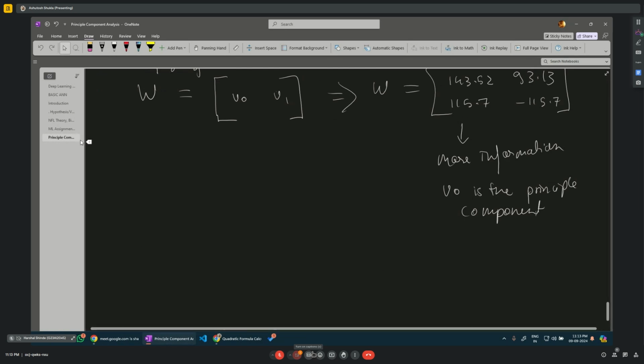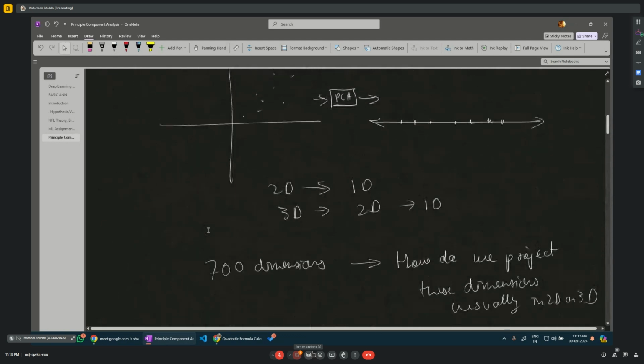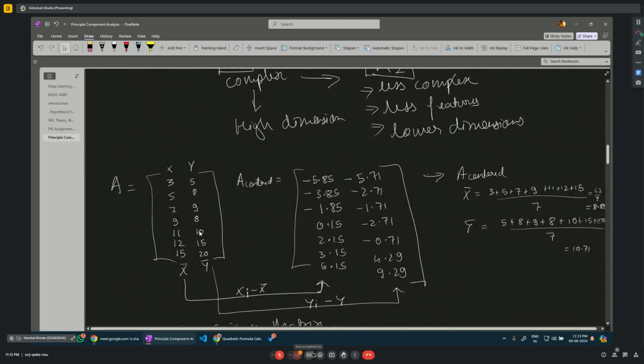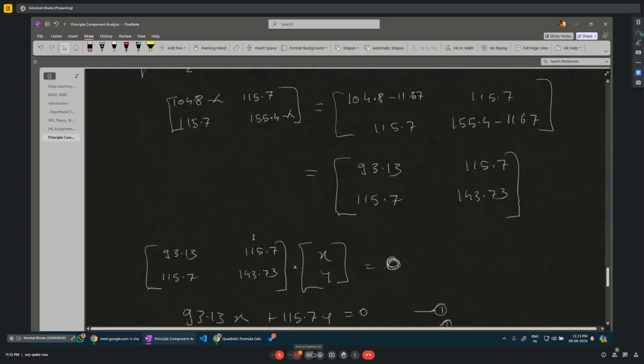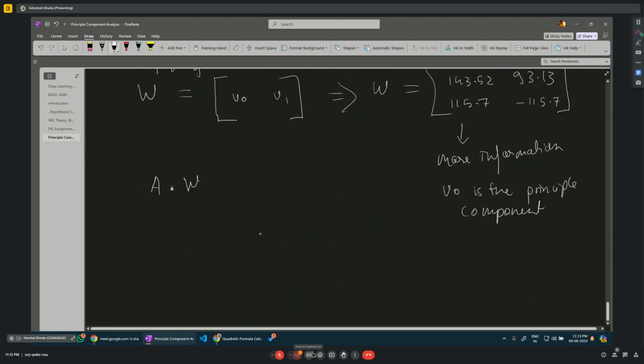So what you do is you take your main data matrix A, which is all the way at the top, the A matrix over here, and you multiply it with the transformation matrix. So you take a dot product with the transformation matrix, and you will get a transformed matrix, transformed data points. All right, makes sense.